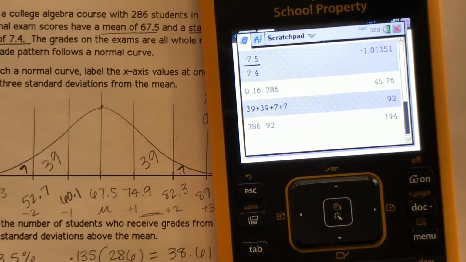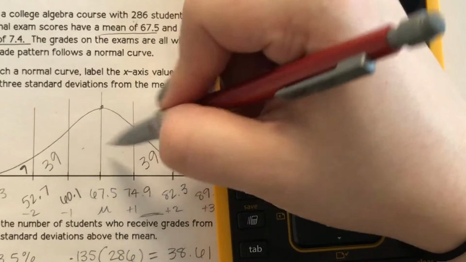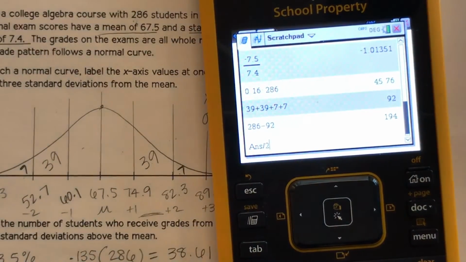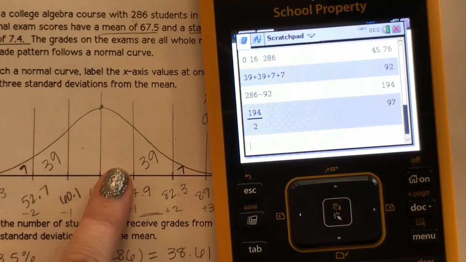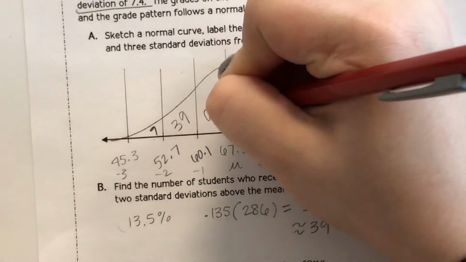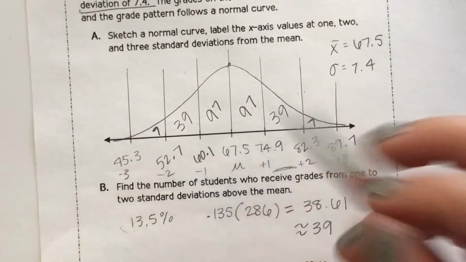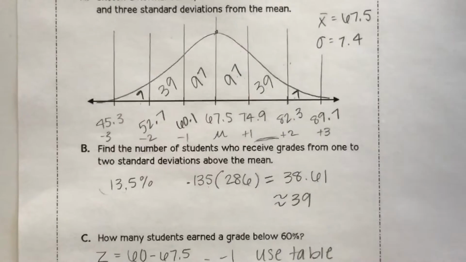So 194 are going to be split between these two. So if we divide that by 2, we can tell exactly how many kids are in each section. So 97 kids are between 1 standard deviation above the mean and also between 1 standard deviation below the mean.